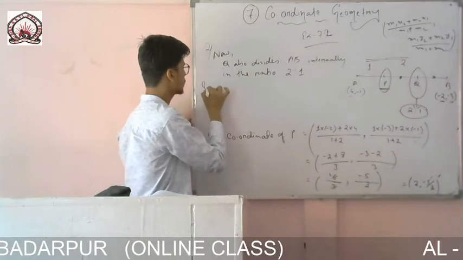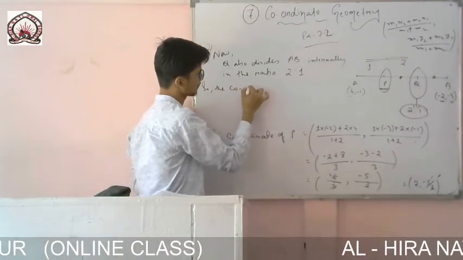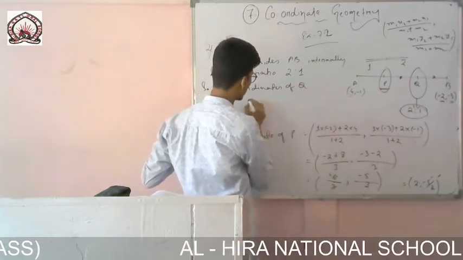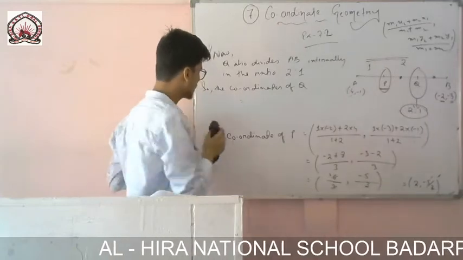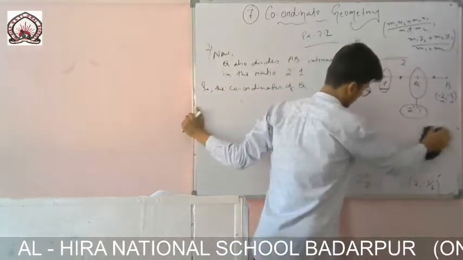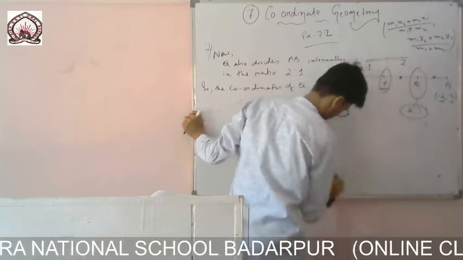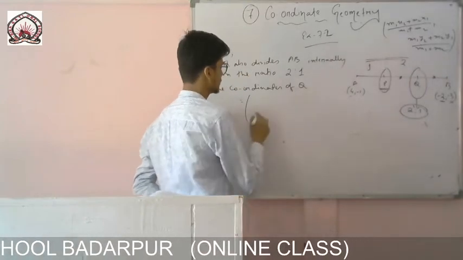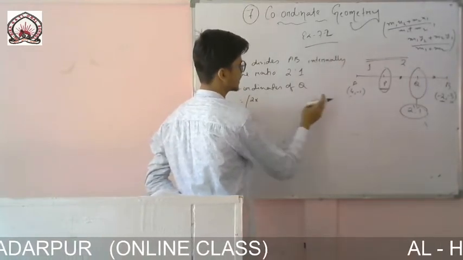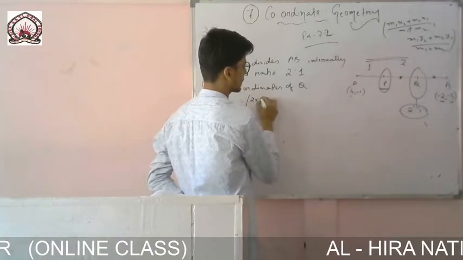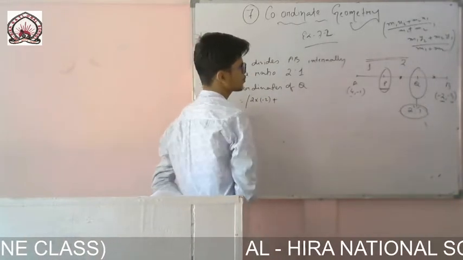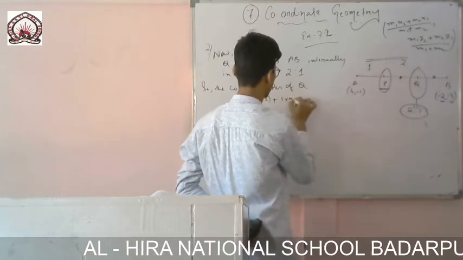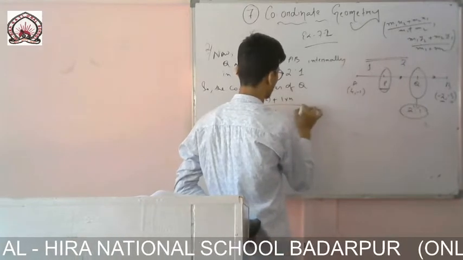So the coordinates of Q, what are the coordinates we will find now. Again the same formula, m1 x2 plus m2 x1. So m1 is 2 into x2, that is -2, plus m2 into x1, m2 here is 1 and x1 is 4, divided by the sum 2 plus 1, comma.